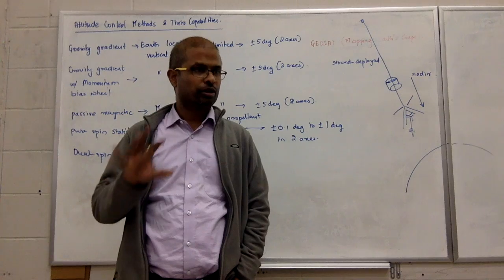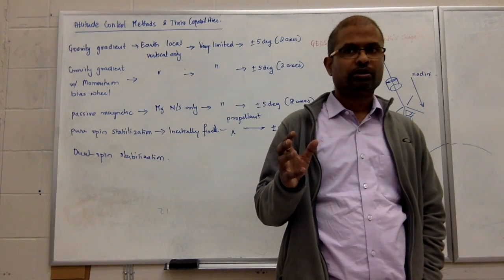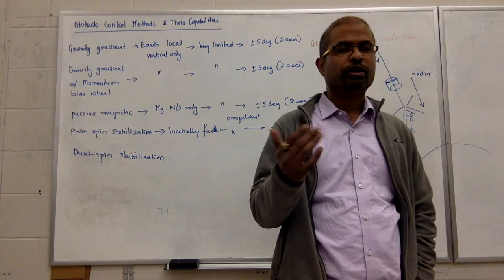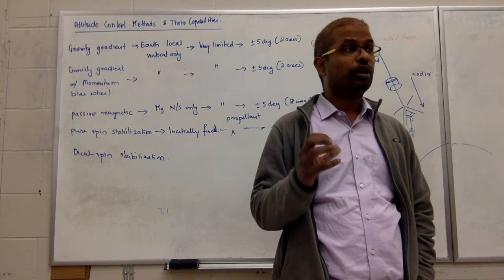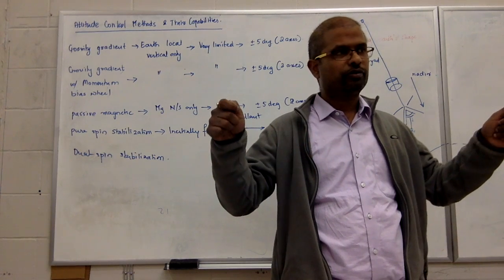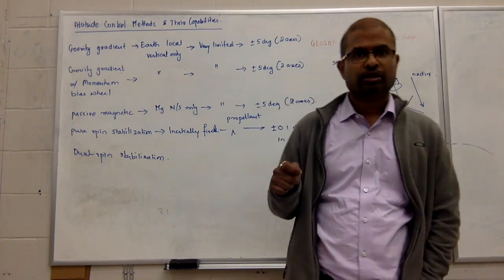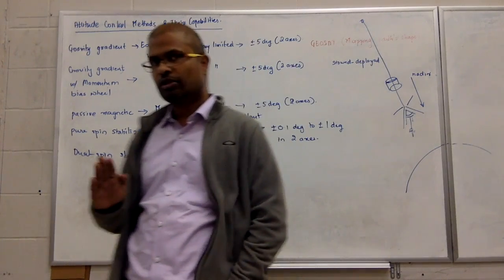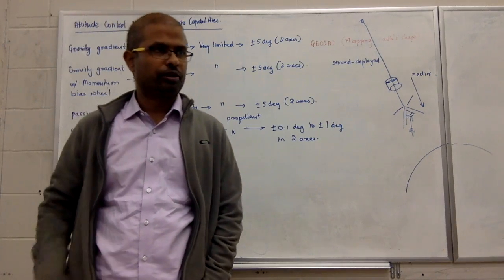So the propellant can be used for both attitude control and orbit control. If you want attitude control, you use the off center of gravity thrusters. If you want orbit control, you use thrusters aligned with the center of gravity to push it away.